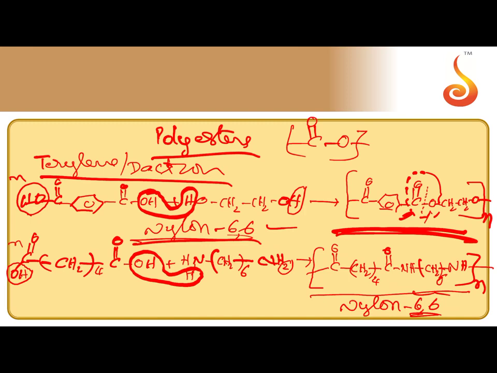Same process when polyamide is given, how to get monomers from the repeating unit? You break the CN bond, and OH is attached to the CO carbon and H is attached to NH. So children, these are all memory based chapters, just go through the synopsis as many times as possible.